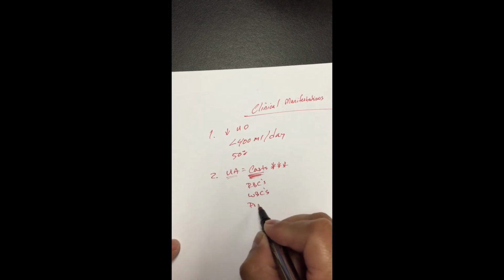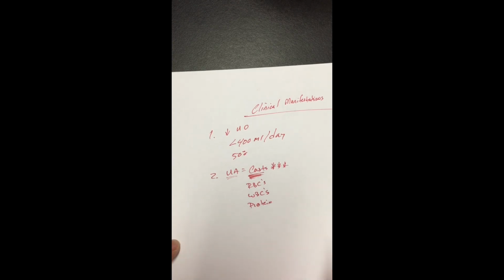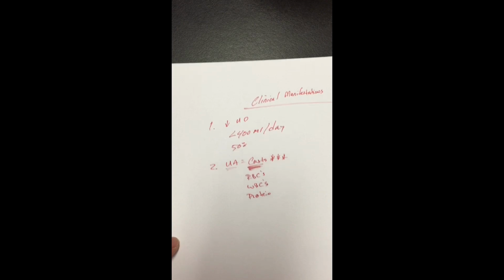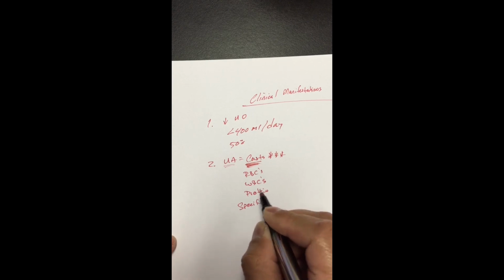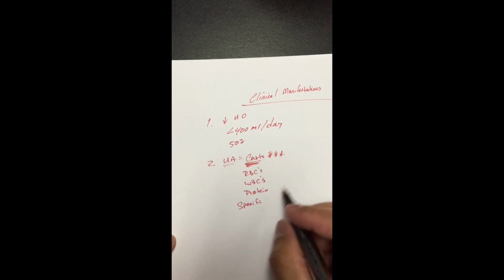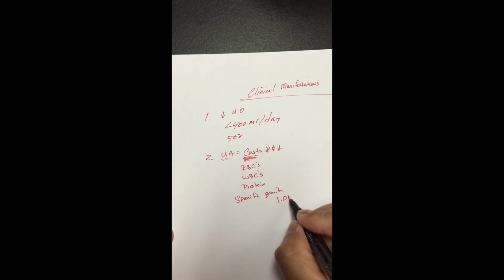You may also find some protein in the urine, or proteinuria. If you do a specific gravity, you'll find that the specific gravity is at 1.010.